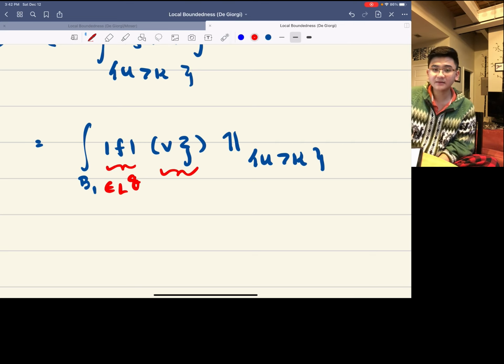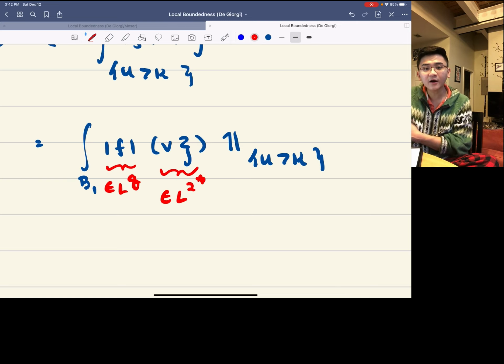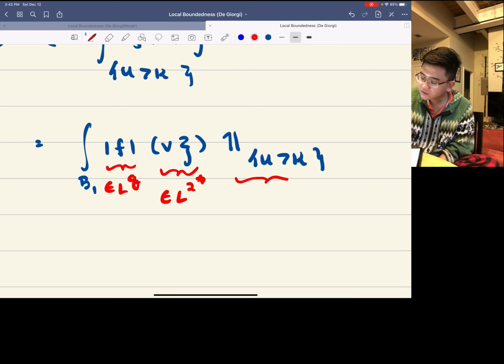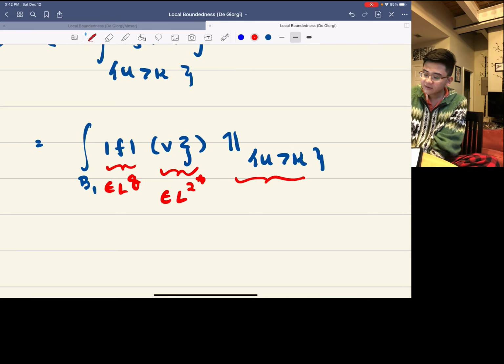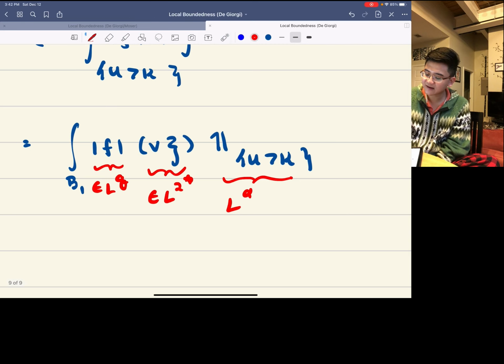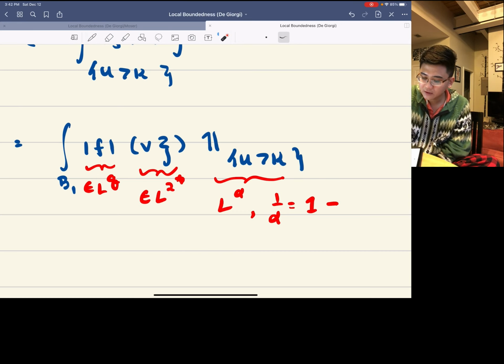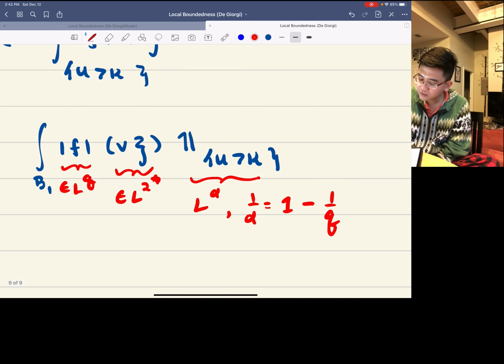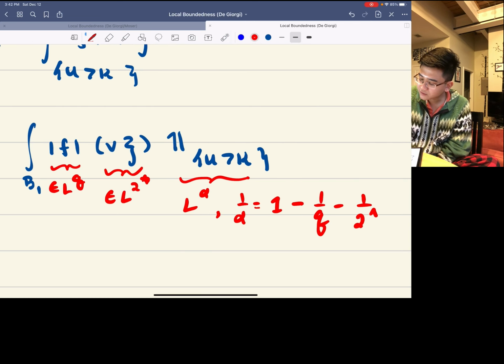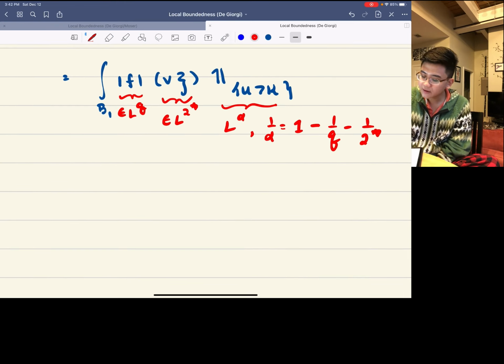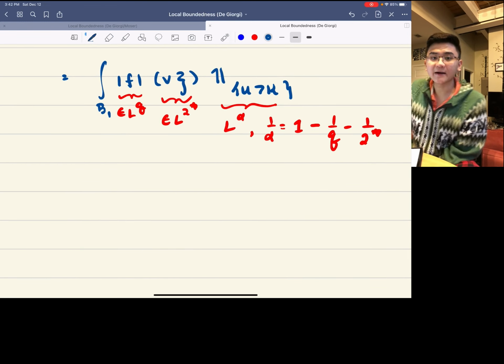We're going to apply the Sobolev inequality to v zeta, which gives a 2 star contribution, so that if we want to use Hölder, we estimate the remaining factor in L alpha, where 1 over alpha is 1 minus 1 over q minus 1 over 2 star. Now we apply the Hölder inequality.